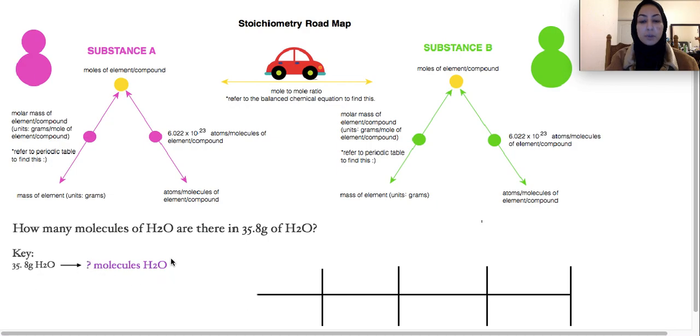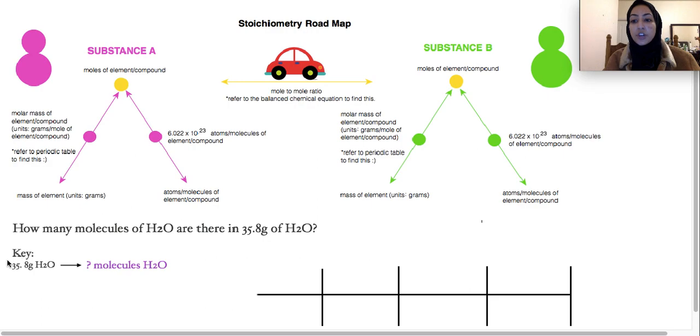And I put that in purple for a specific reason. Okay, the reason being, when I start my table, I'm going to keep going until I finally see the words molecules H2O. These are my keywords. Once I see these words, I will stop and compute the problem. Okay?